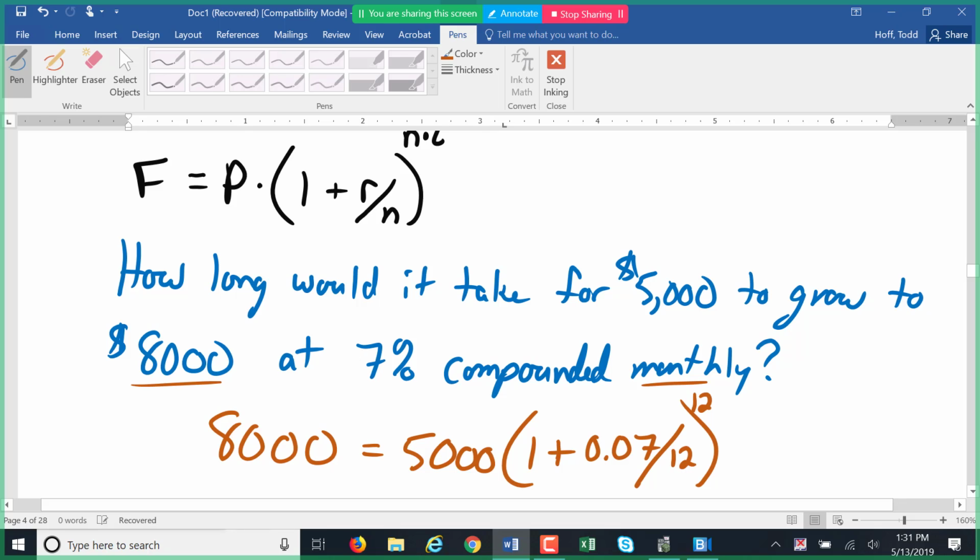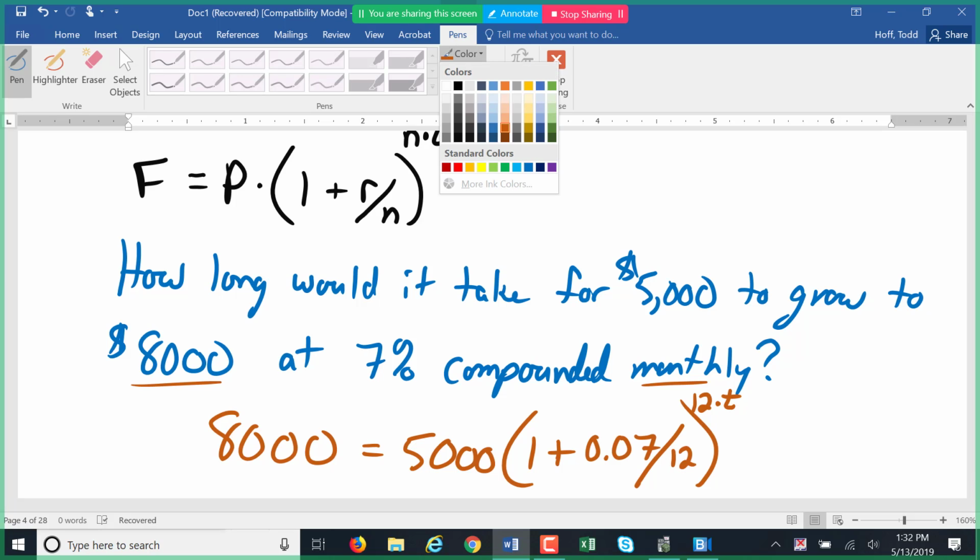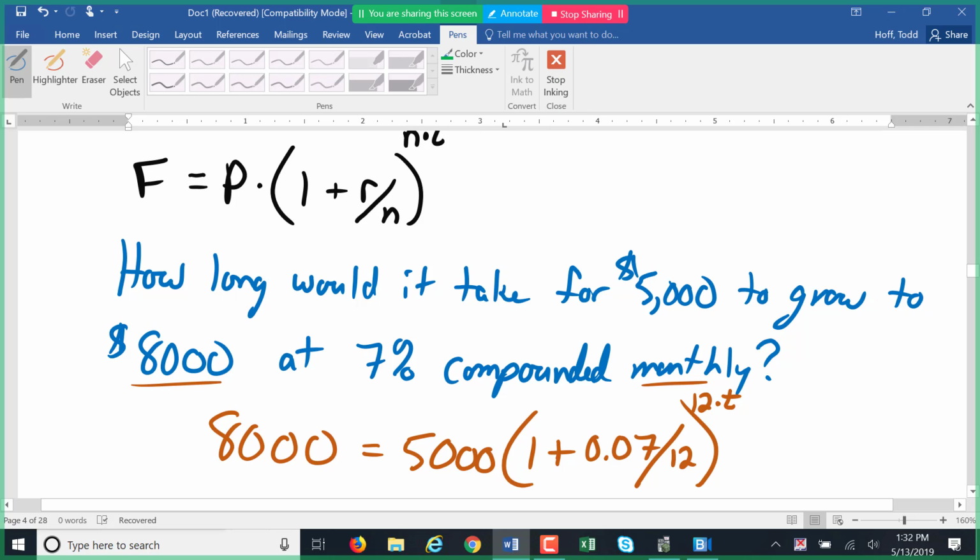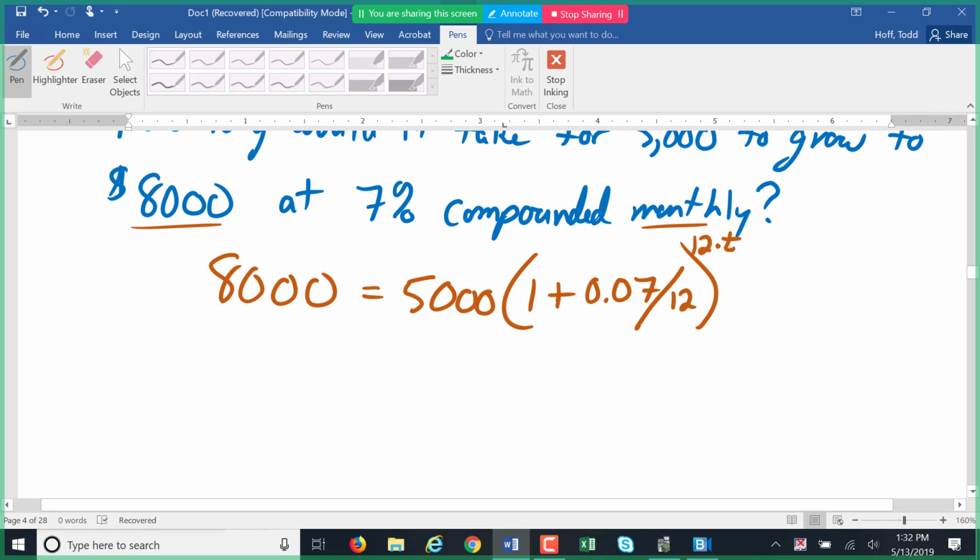Close that, that's the power then of 12 times t, where t is our number of years. So we're solving for t. This is an exponential equation. The variable is in the power of an exponent. We solve by isolating the exponent. So we're going to divide by 5,000.